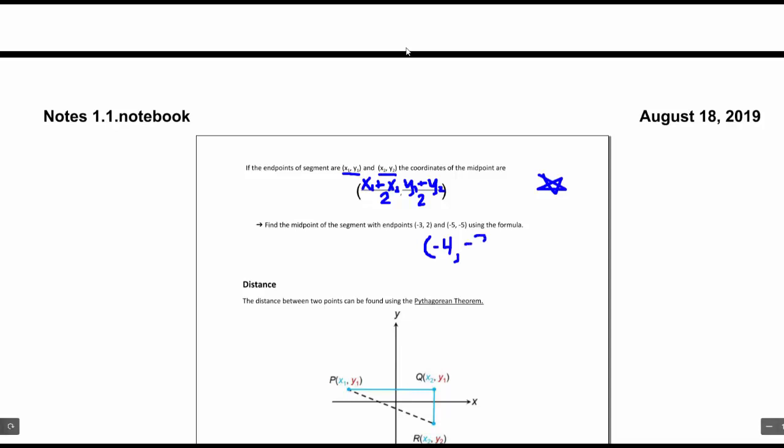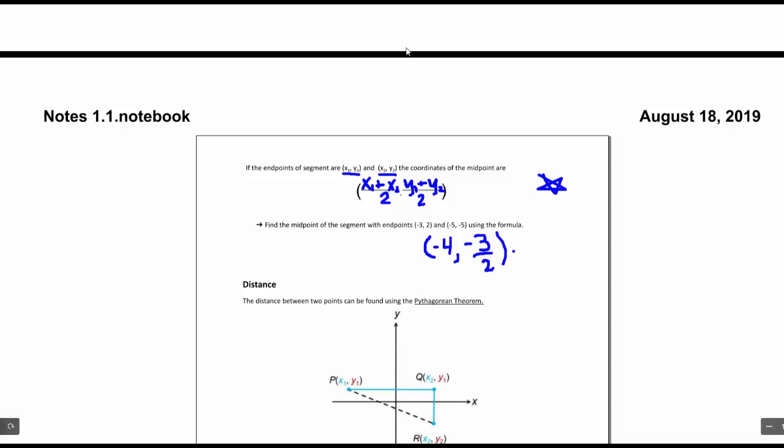So this one would have been one that if we had graphed it, it wouldn't have been nice, easy numbers, and we would have been like, well, I can tell that it's in between -1 and -2, but I can't tell exactly what it is. So this is definitely one where we want to use the math formula. Now that -3/2, I'm fine in an algebra class, you leaving that as an improper fraction, which means the number on top is bigger than the number on the bottom.